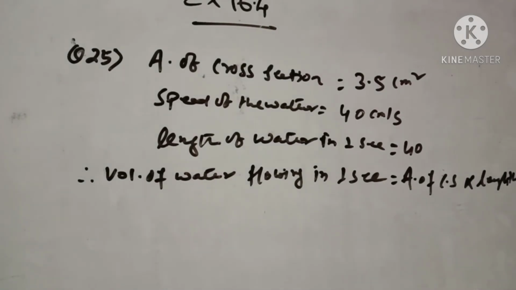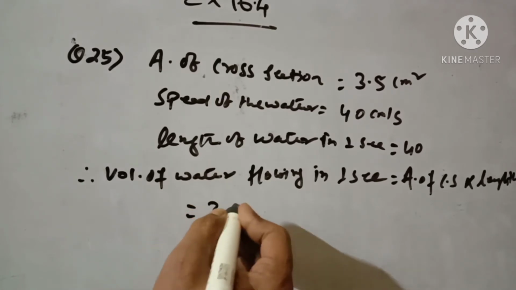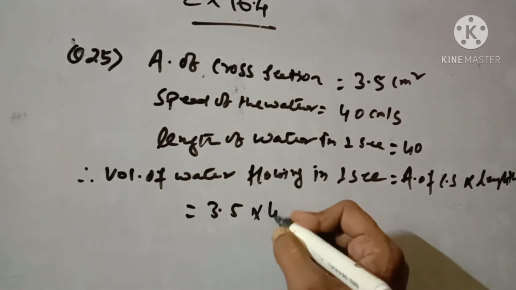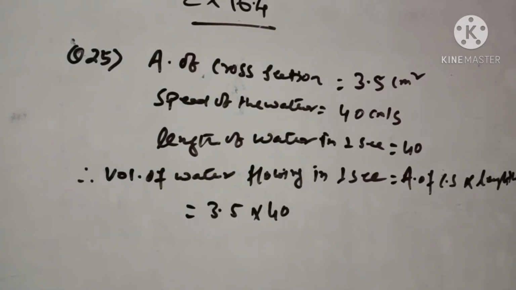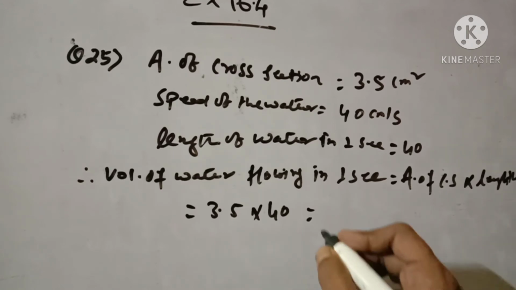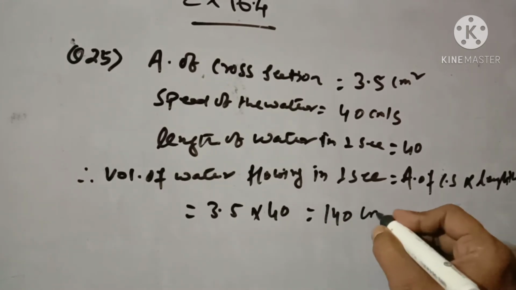Therefore volume of water flowing in 1 second is equal to area of cross section into length. Area of cross section is given 3.5 centimeter square into 40. Remove the point, it will come 140 cubic centimeter.